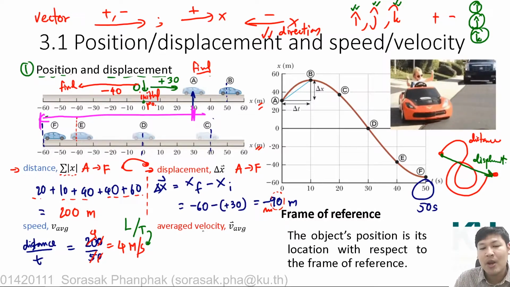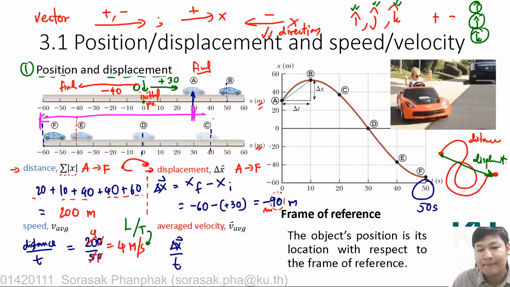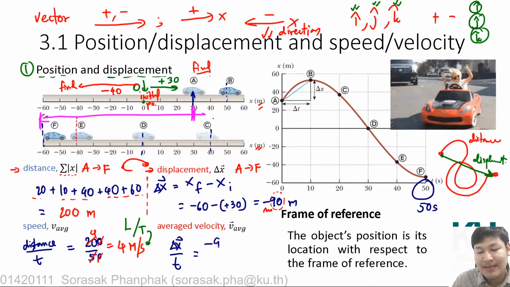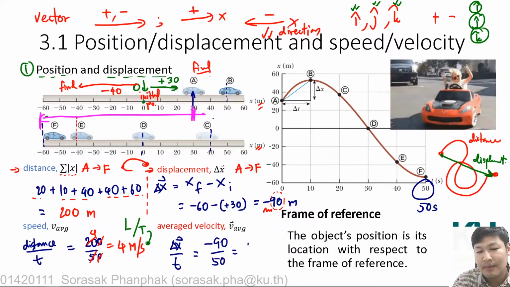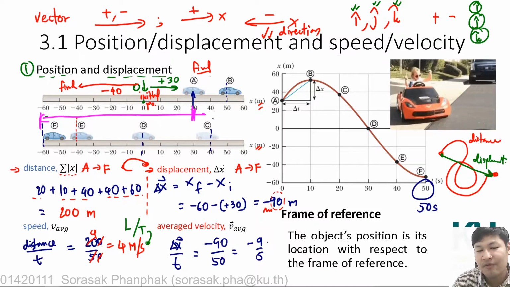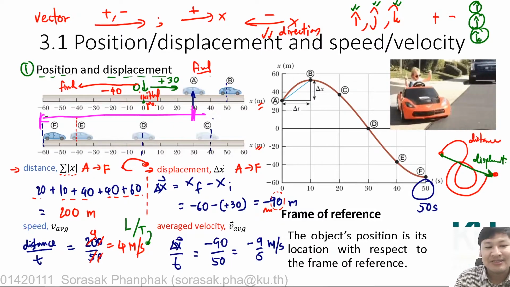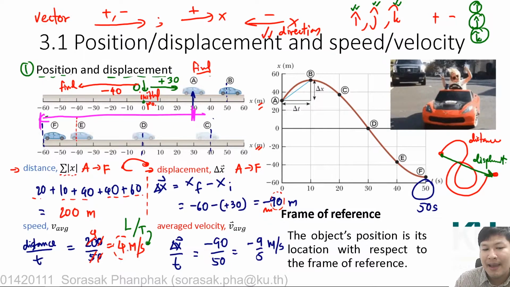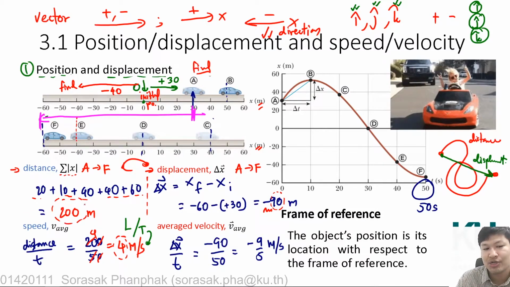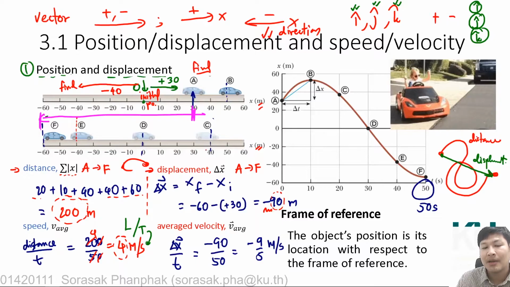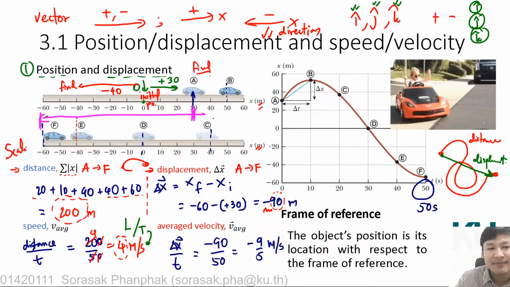But how about the average velocity? It's the displacement over the time. So you got minus 90 over 50 is minus 9 over 5 meter per second. So what you can see here, the speed gonna tell only about the magnitude, because speed quantified from the distance that have no direction is only magnitude, because the distance and speed are scalar, right?